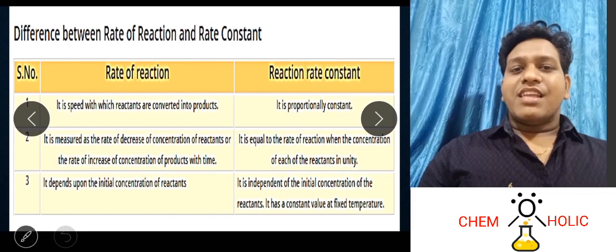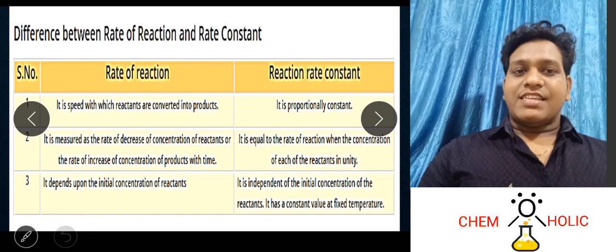It is measured as the rate of decrease in the concentration of reactant and the rate of increase in the concentration of product with time.